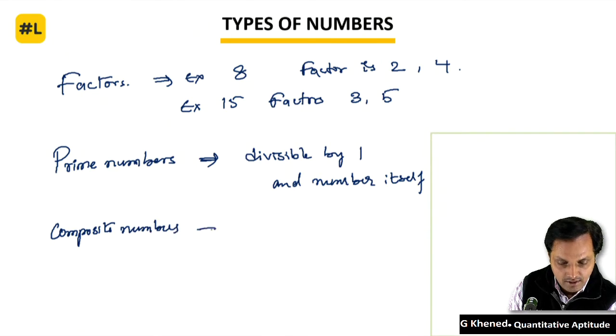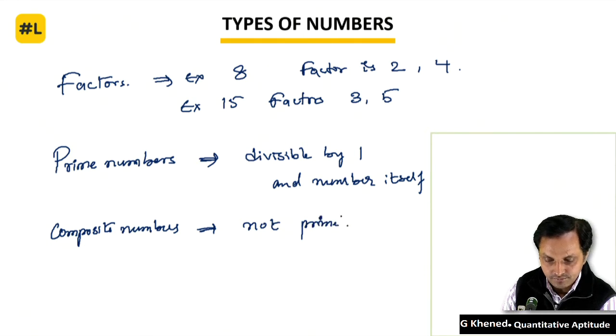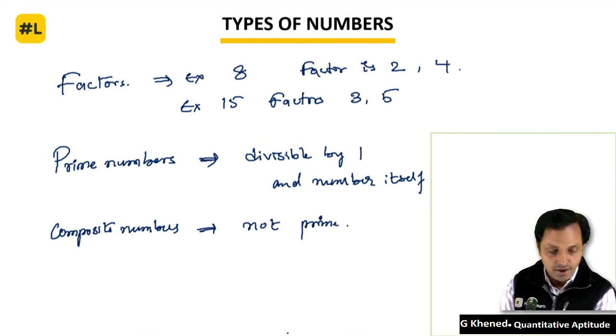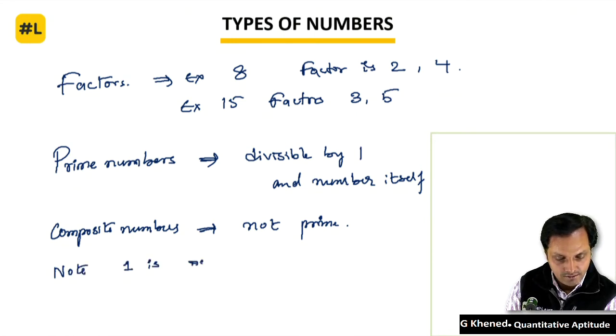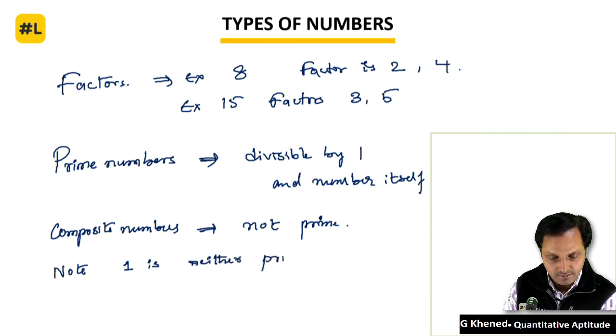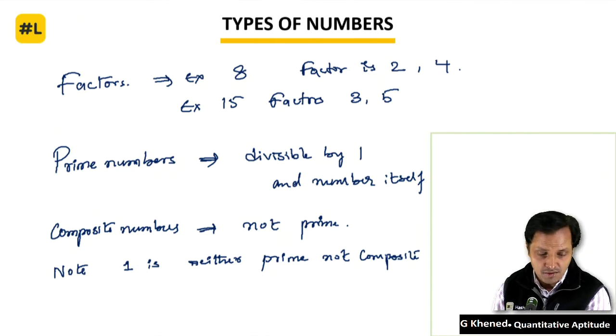They are not prime. So note in this, 1 is neither prime nor composite. 1 is neither prime nor composite.